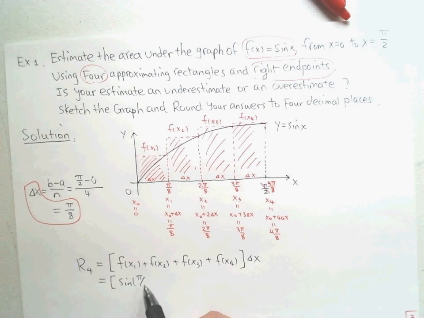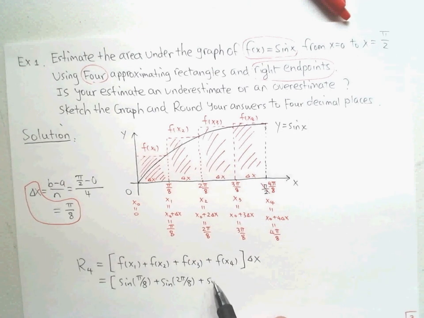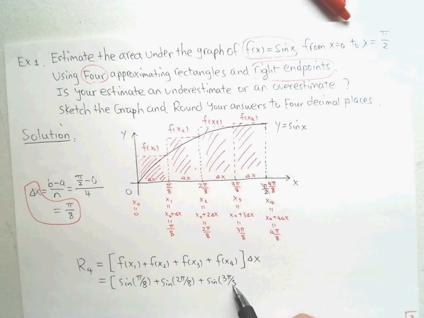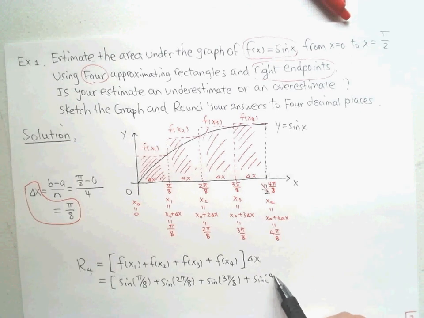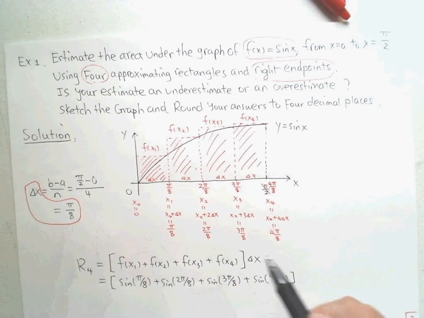So sine at the first, pi over 8, plus sine at 2 pi over 8, plus sine at 3 pi over 8, and the last, sine at 4 pi over 8. Okay, good. Times delta x.